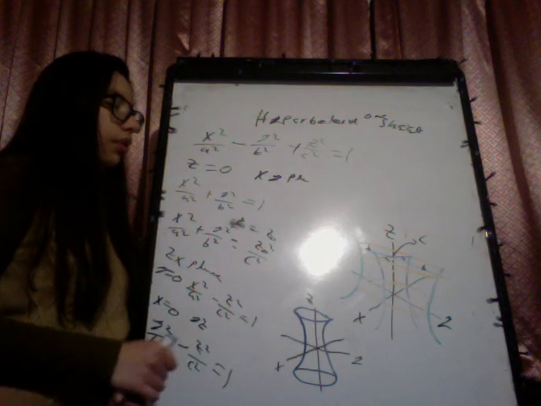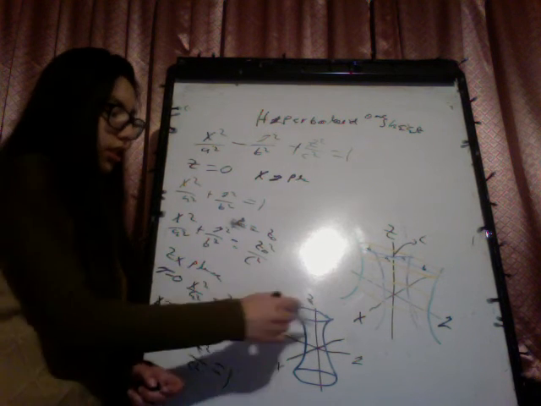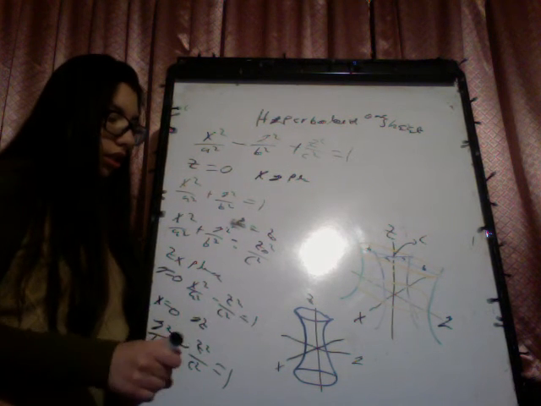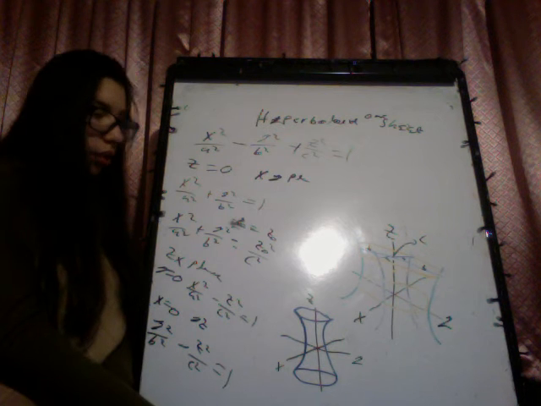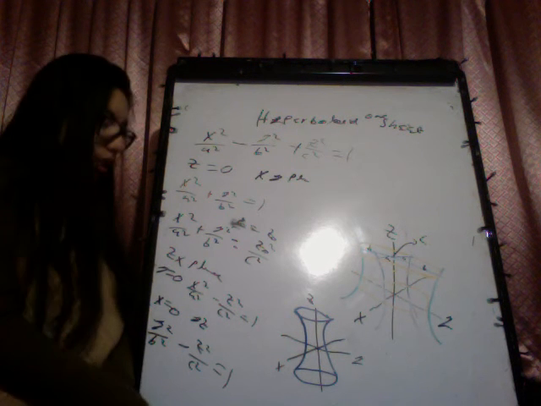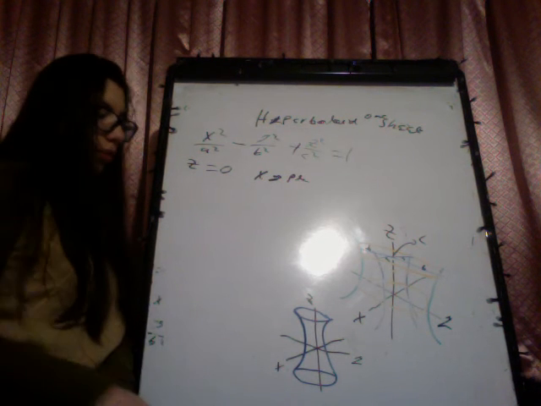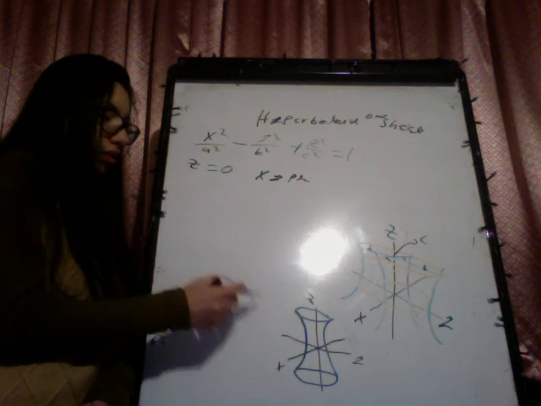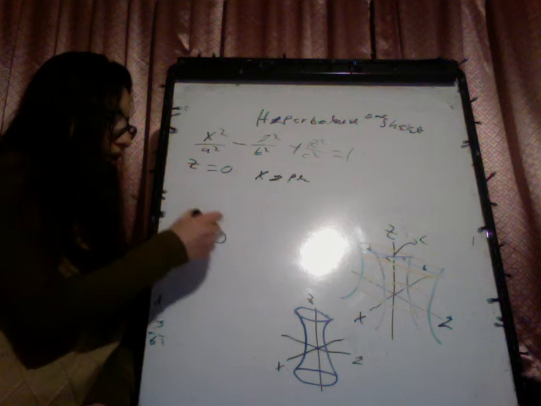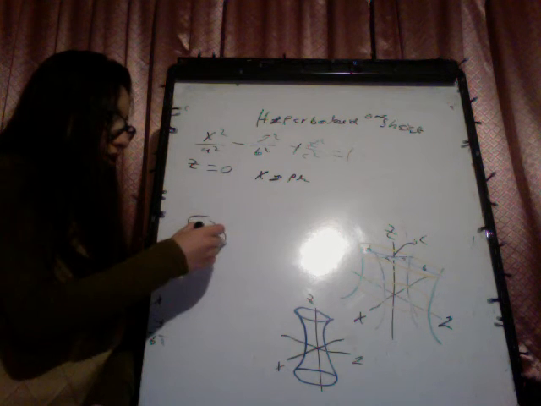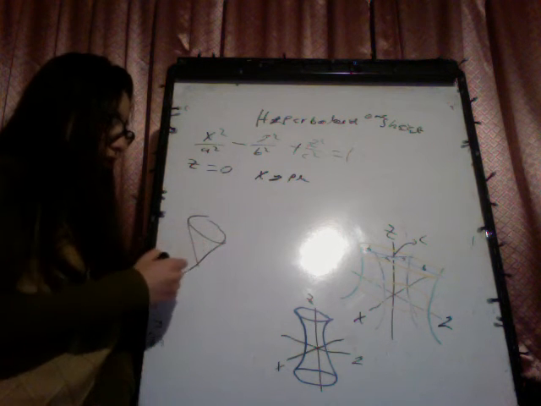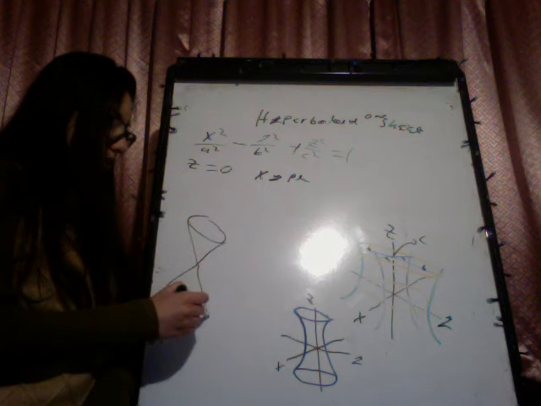The hyperboloid is asymptotic to the elliptic cone. We will touch this also later in the videos. This is the elliptic cone.